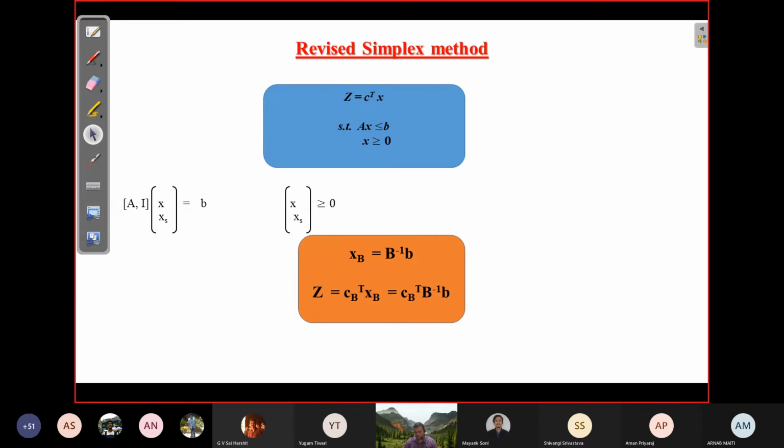To understand that, you first have to understand how we can represent the simplex table using matrix form, matrix algebra.